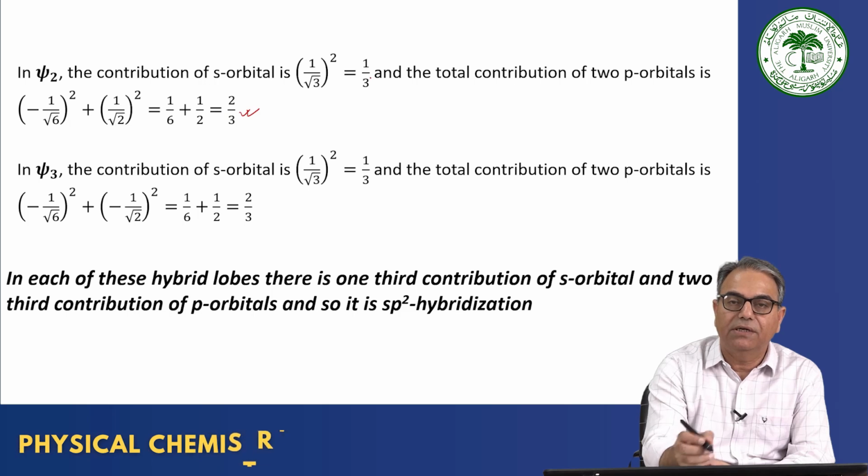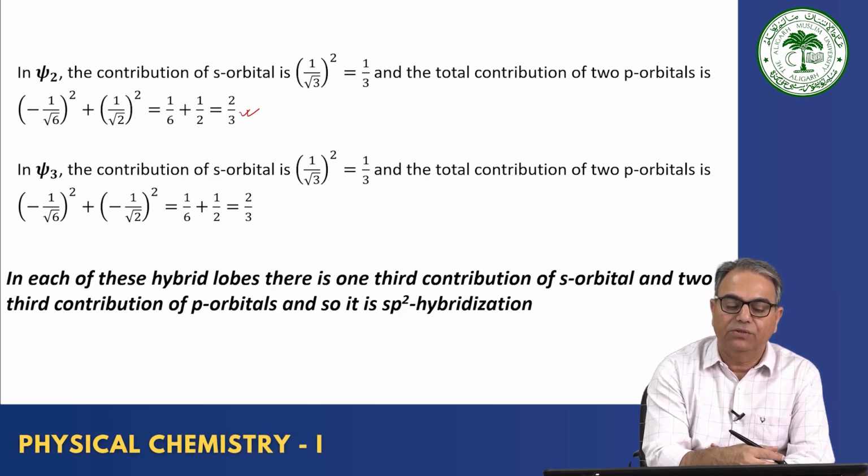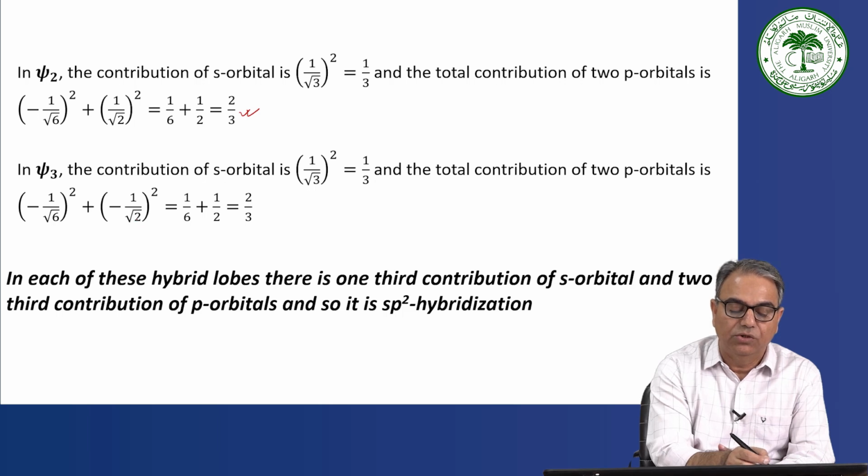So again 1/3 contribution from s orbital, 2/3 contribution from p orbital. So again it's sp2. In case of psi 3, the contribution of s orbital is the square of 1 by root 3, so it is again 1 by 3, and the total contribution of p orbital is minus 1 by root 6 squared plus c3, which was minus 1 by root 2, squared, and it is again 2 by 3.